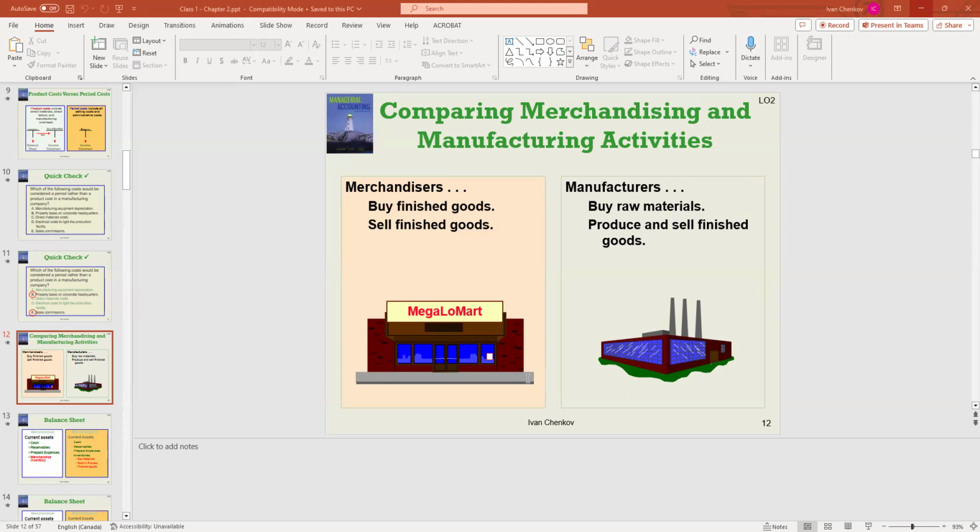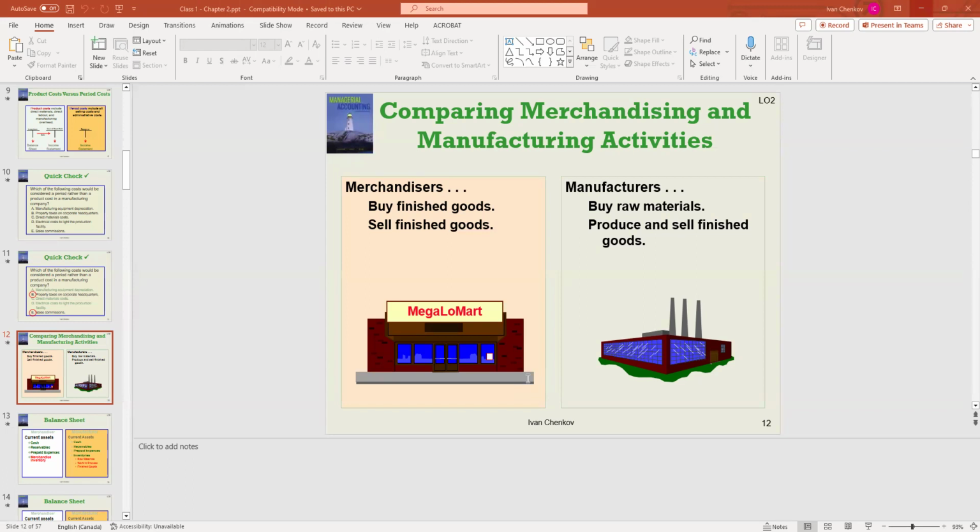Well, they sell only whatever they buy. Make sense? If they buy computers, they can sell computers. But if they buy computers, they cannot sell cell phones. Why? Because they don't have it. So the merchandisers buy something, sell exactly the same thing. Buy computer, sell computer. Buy cell phone, sell cell phone.